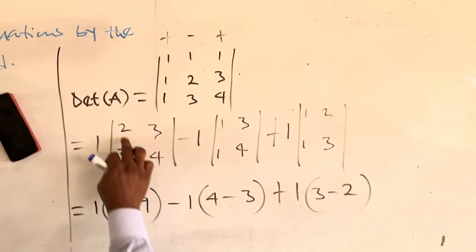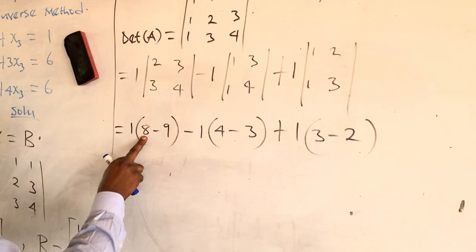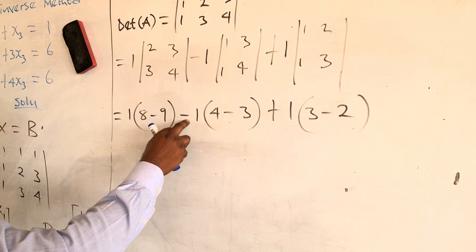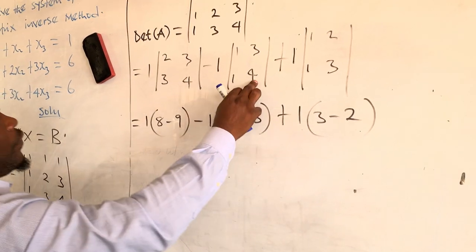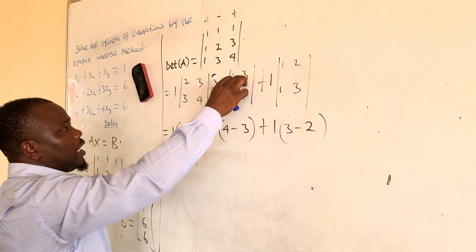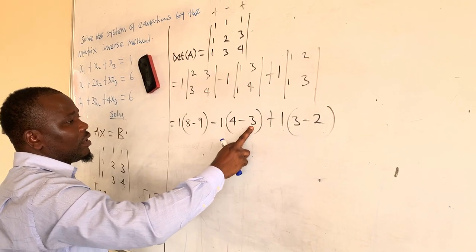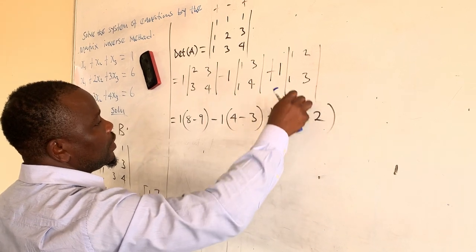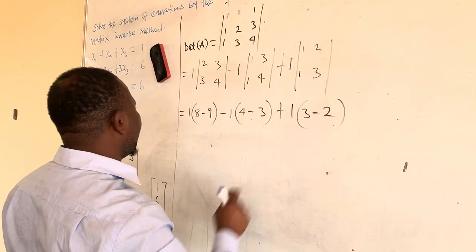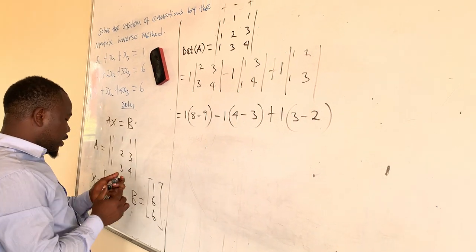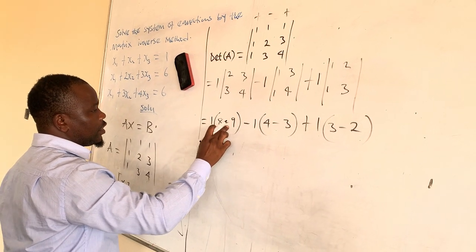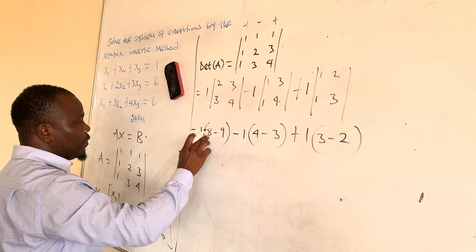So if we multiply, we have 1 times 8 minus 9, which gives minus 1.